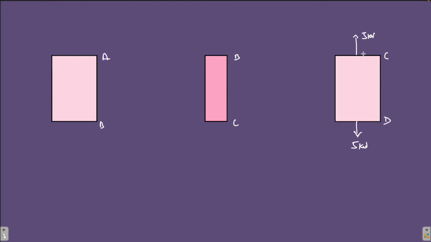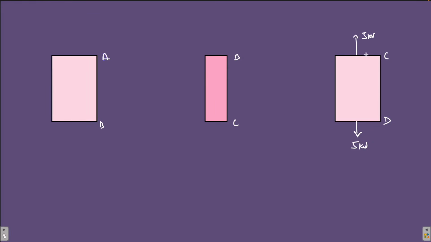So the FBD of this block is done. We have added 5 kilonewton upward as a reaction to the downward force.